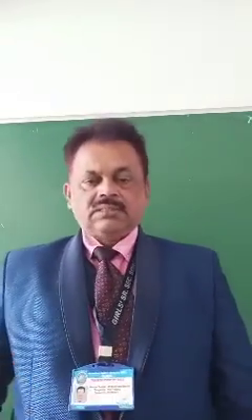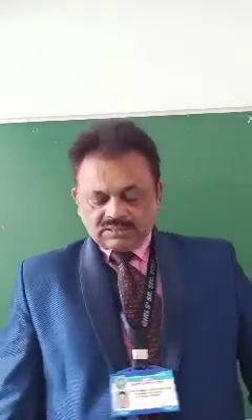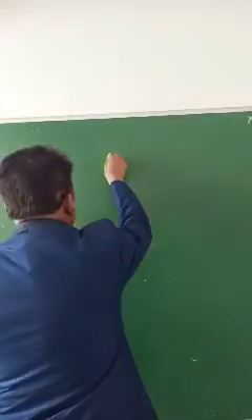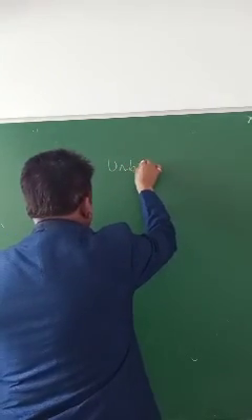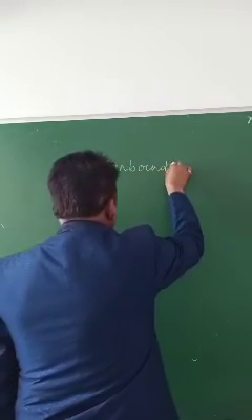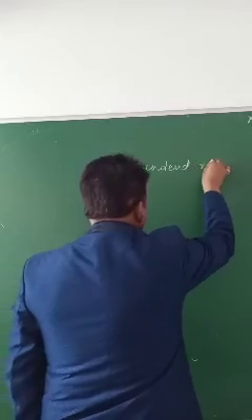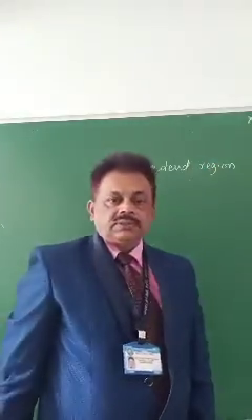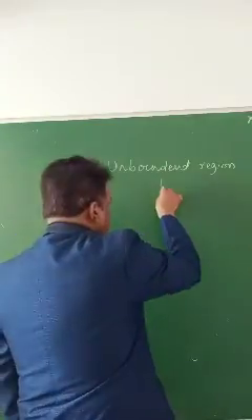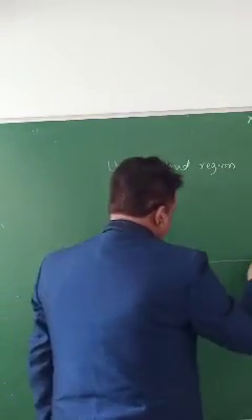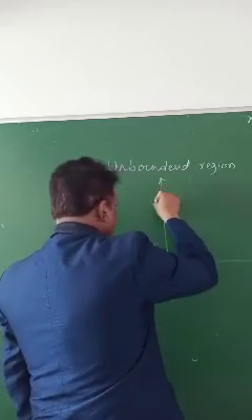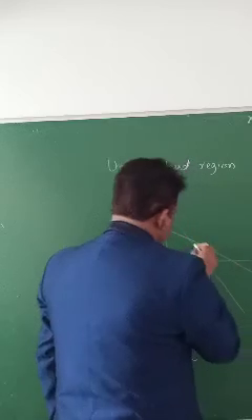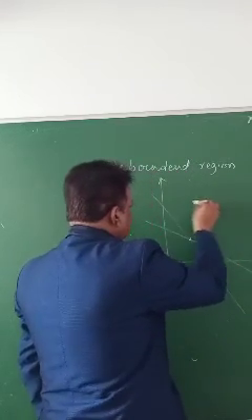Today we will discuss the linear programming word problems. One thing I am telling here is the unbounded region. Suppose the linear constraints give us some lines, one constraint like this, another constraint like this, and the area is towards this side.